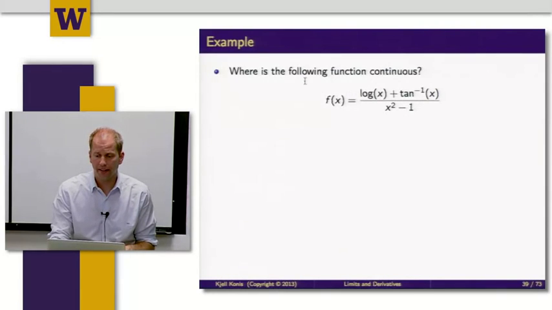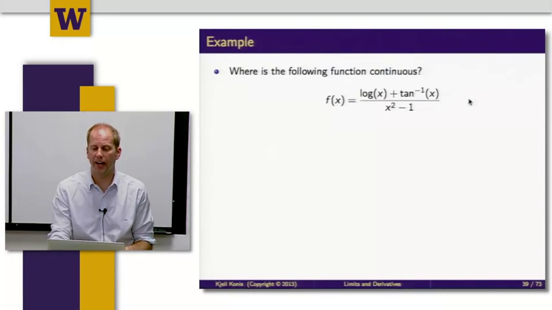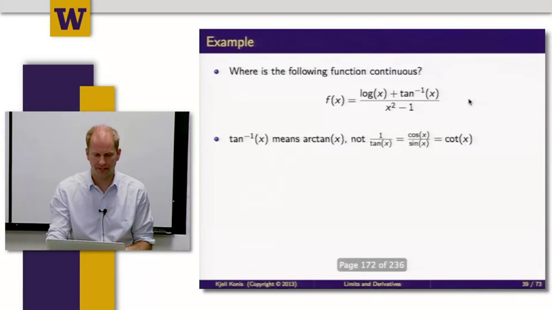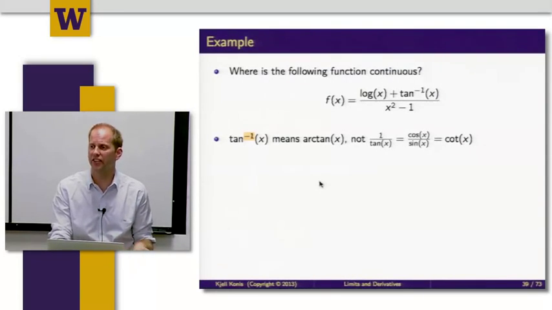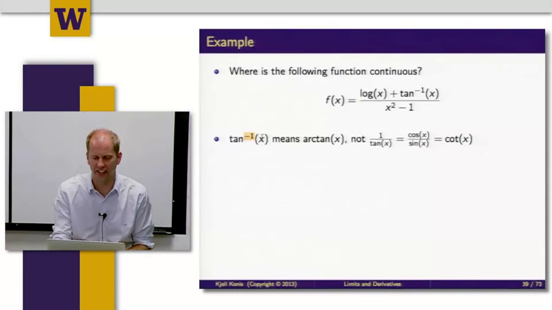And so just a quick example. Where is the following function continuous? So it's log of x plus arctangent of x divided by x squared minus 1. So this is a bit confusing sometimes, because if I put a 2 there, generally I mean tangent squared. If I put a negative 1 there, I don't mean 1 over tangent. I mean arctangent usually.